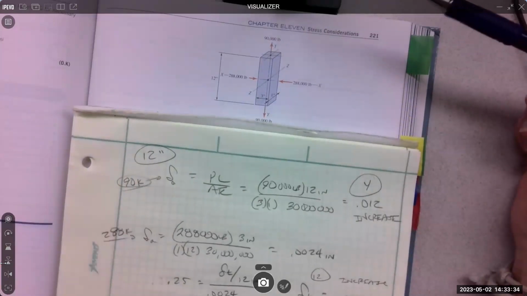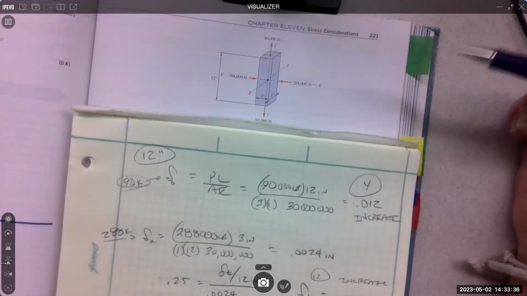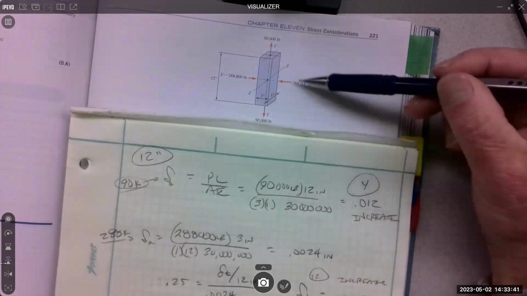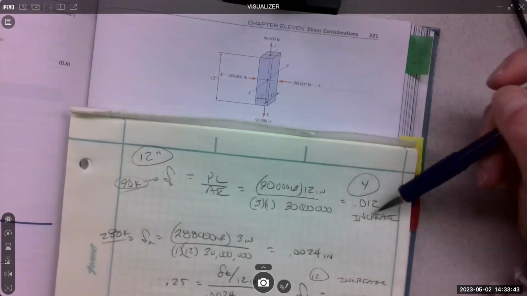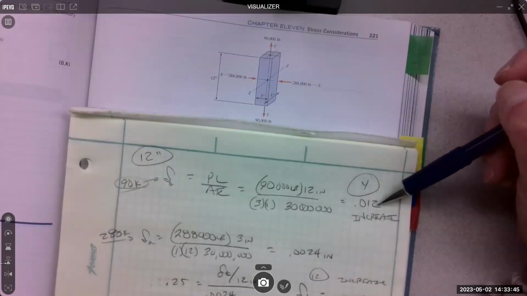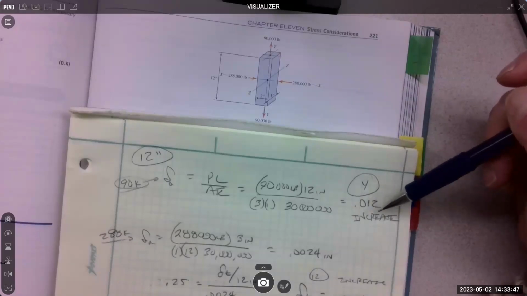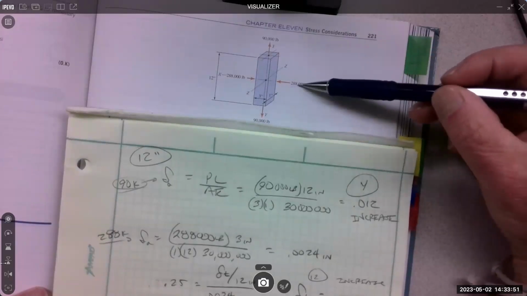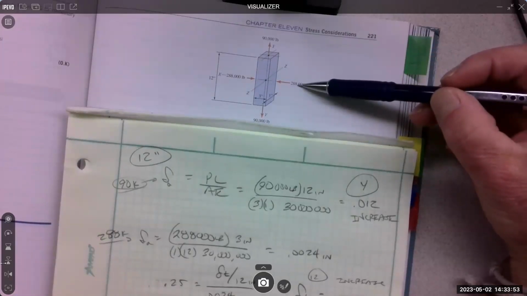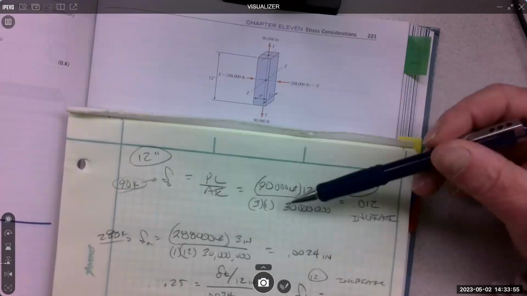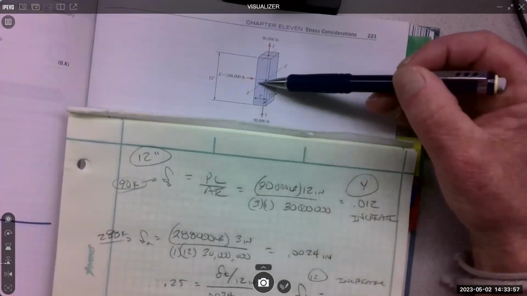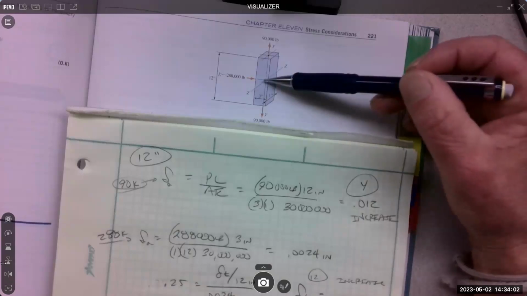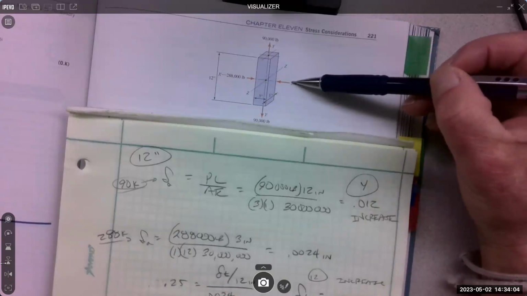So that one's pretty easy, and that's going to be the bulk of the stretch. There'll be a little squish from the other load, but not much, so you don't expect this to change a whole lot. It will change some. But to get the change of the 12 from this, you have to first do the axial, just like you did here, but you're doing the change in the 3 inches. That's the axial for this one.